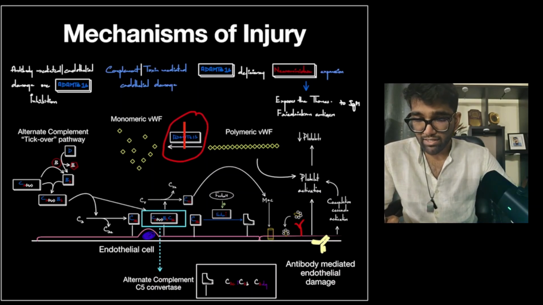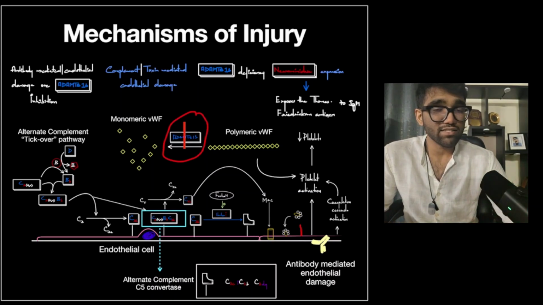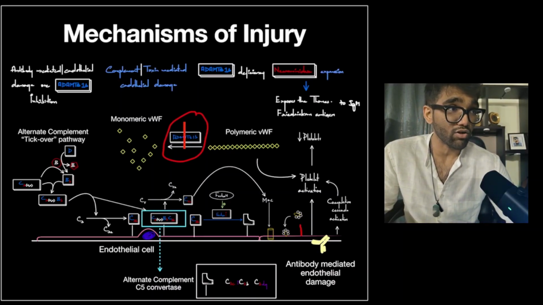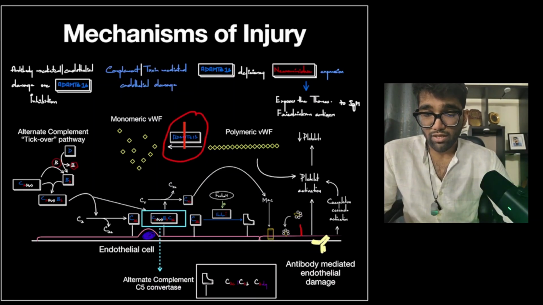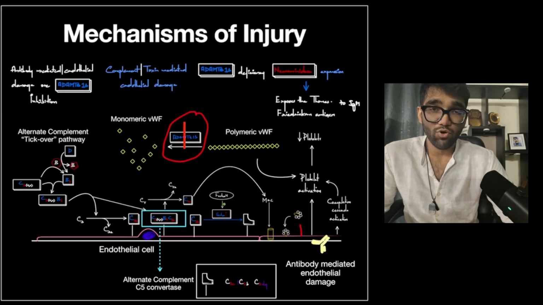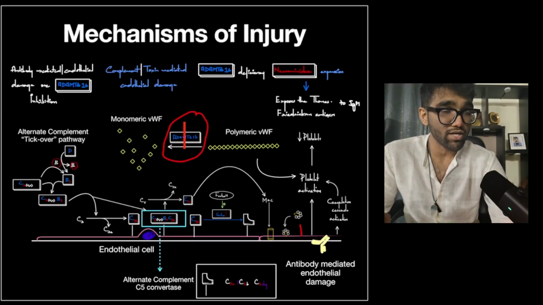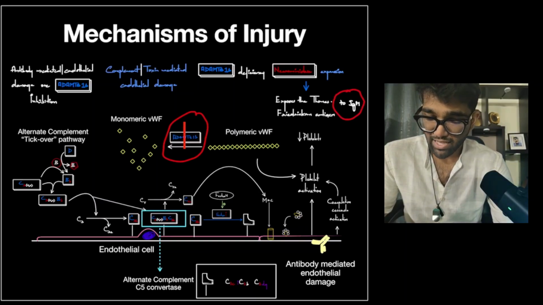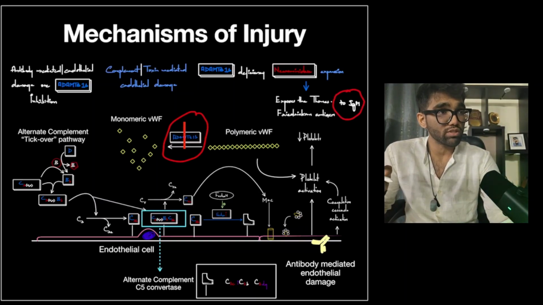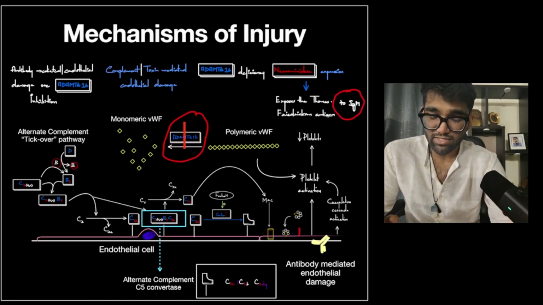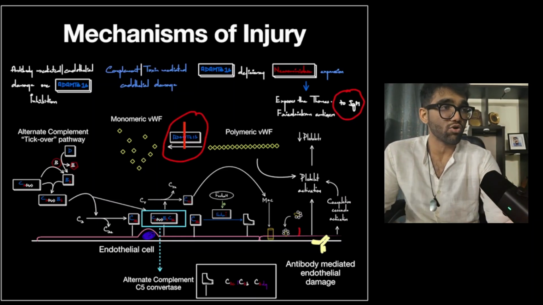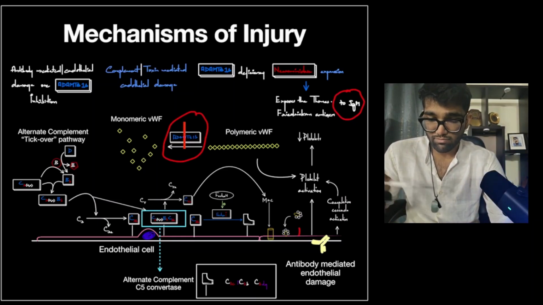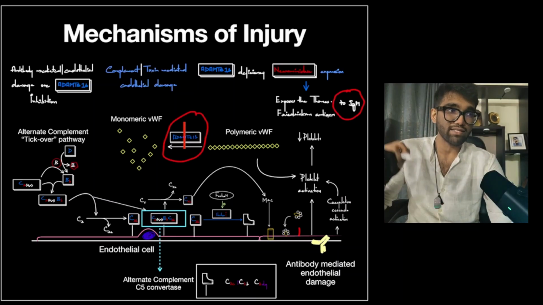Okay, and see, the Thomsen-Friedenreich antigen is not something that is normally expressed at all in the cell membranes of endothelial cells in normal people. We actually have constitutively expressed IgM antibody against this Thomsen-Friedenreich antigen, and because of that, this IgM goes and binds to the antigen and then causes complement activation. Okay, the antibody causes classical complement activation.